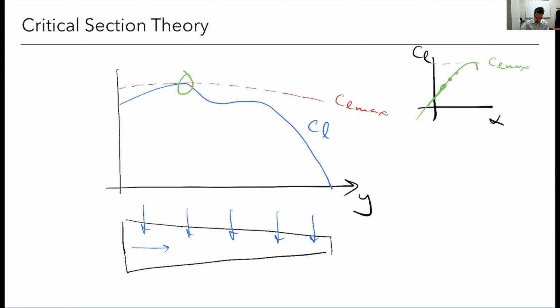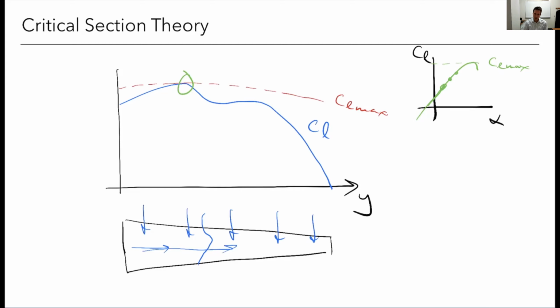We get some span-wise components of the flow. So the flow across the wing actually has some curvature to it. We get these span-wise gradients that we may talk about later. So it's actually not true, especially for a swept wing, but it's pretty close. And even for swept wings, because of other reasons that we may talk about later, this actually works really well. Better than you might think.